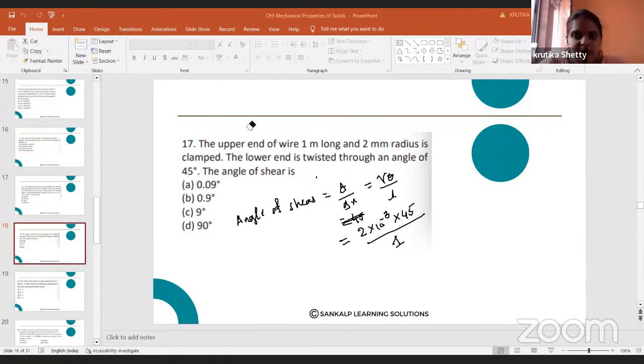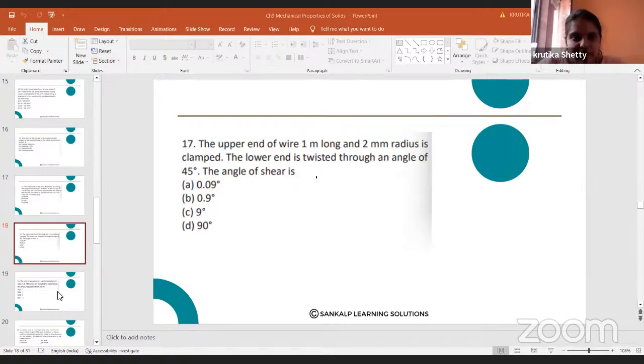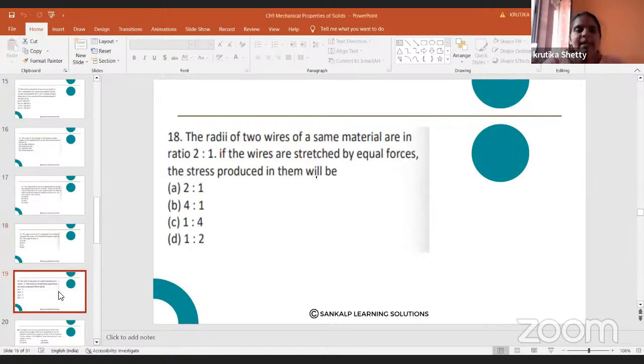So 2 more questions we will see. The radii of 2 wires of the same material are in the ratio 2:1.